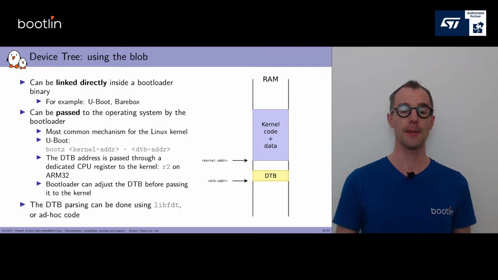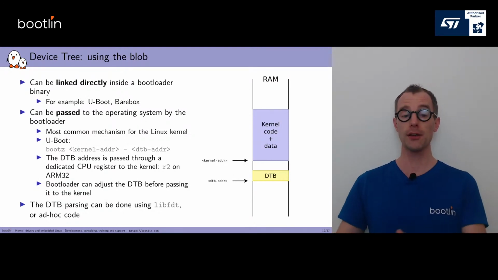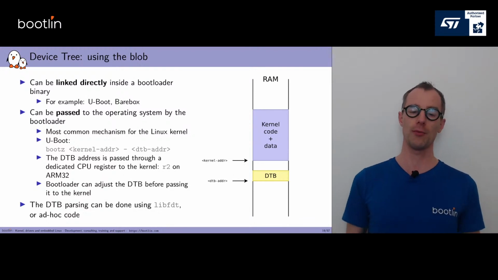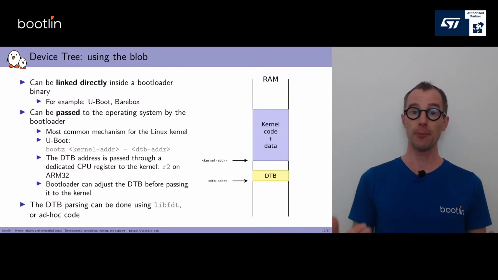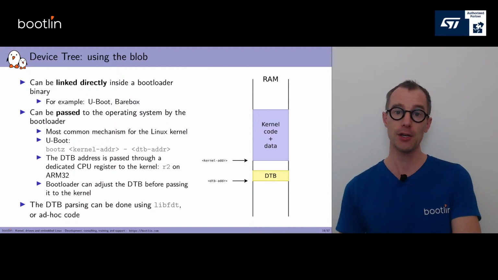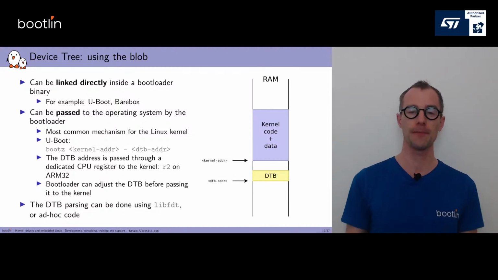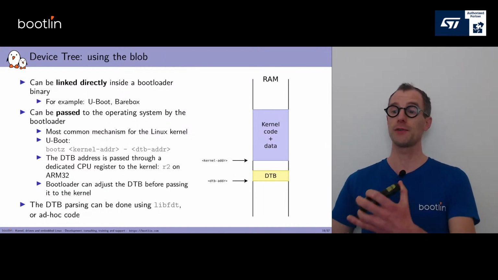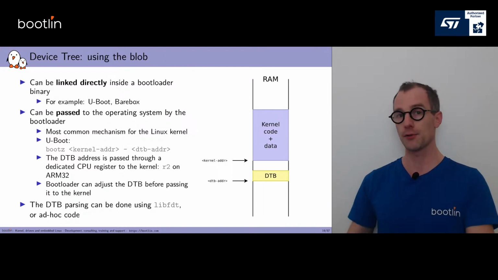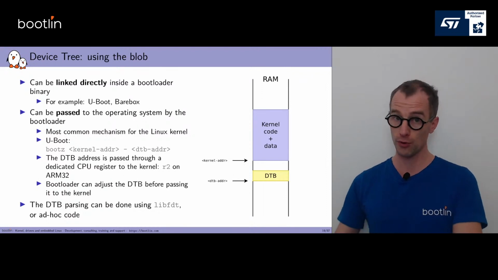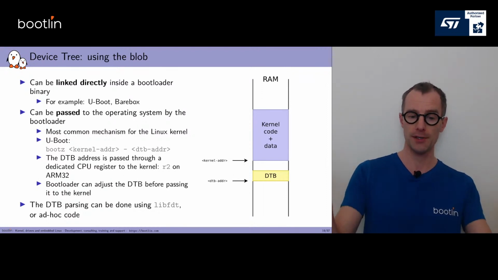So if you take the case of U-Boot booting Linux, which is probably a very common situation, you will have to load a kernel image, which is the image containing the code and the data of the kernel. Separately, you will have to load a device tree blob that describes the particular hardware platform you want to boot on. So load both of these in memory.